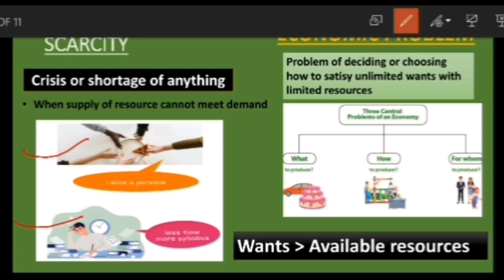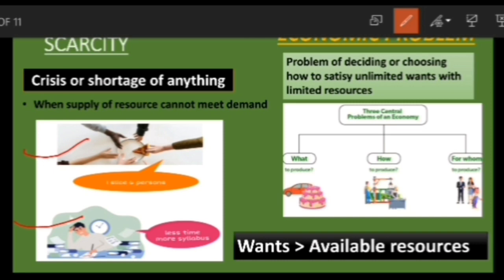Means crisis of time or shortage of time. और इसकी वजह से उसे need to allocate his time to those chapters first which are most important. तो उसे अपने टाइम को इस तरह यूटिलाइज करना है कि जिन चैप्टर्स में ज़्यादा मार्क्स हैं और जो ज़्यादा इम्पॉर्टेंट हैं वो चैप्टर्स वो पढ़ सके. Because he can't devote all his time to all the chapters because time is less.